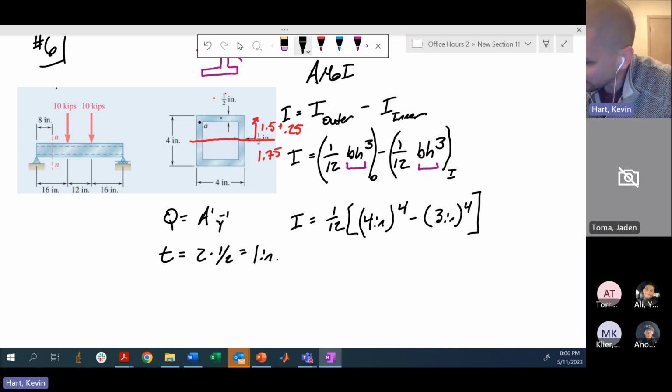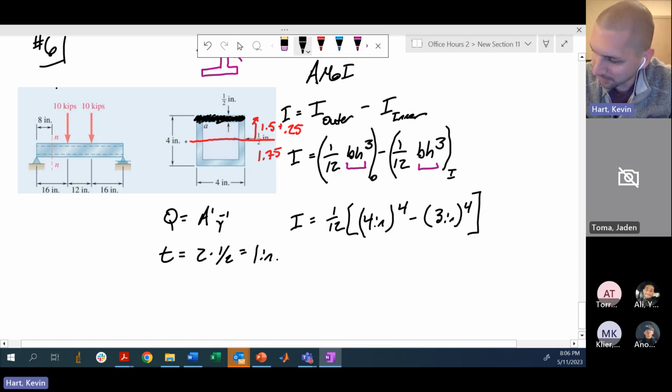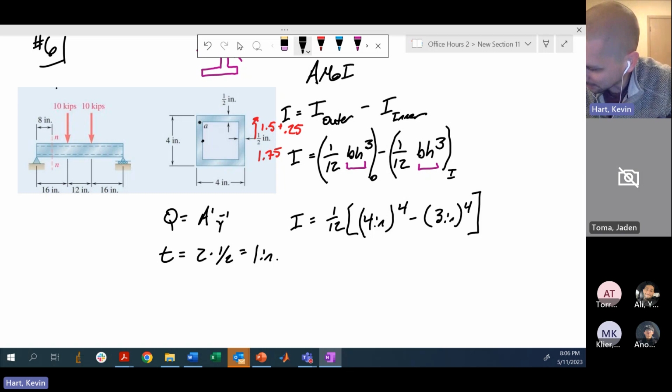You know that this is the area that you're interested in. You know the centroid of this area is the centroid of a rectangle, which is just half the height, 1/4 inch, right? So if you want to get there from the center, you've got to travel all the way up, get to that point, and there you are. It's much more difficult if you had to do the analysis in the center. Let's say you were interested in the shear stress at this location, let's call it little b.